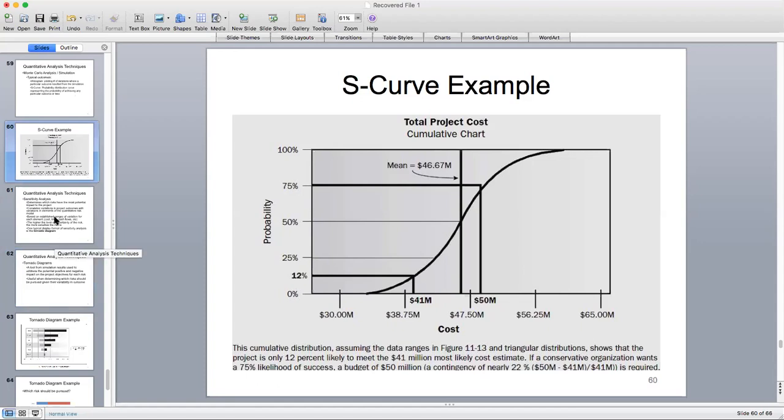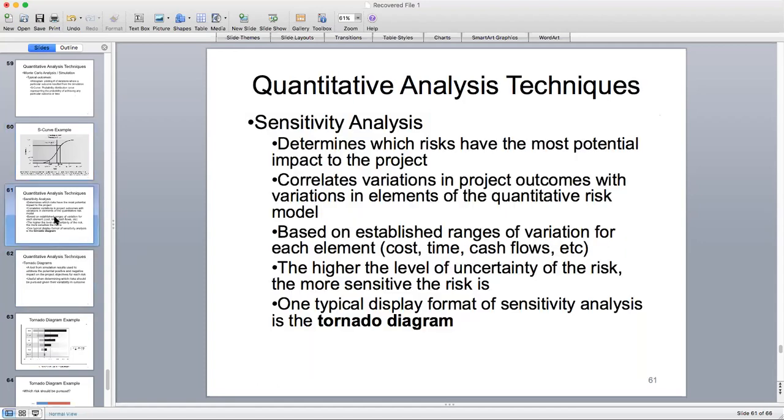The other thing a Monte Carlo simulation allows to do in its outputs is something called a tornado diagram, which project managers call sensitivity analysis. And this breaks down individual risks in terms of how much they impact the overall project. And the best way to describe this is simply looking at the individual risks and determining, using scatter diagrams or regression analysis, as those values change, is the project cost changing with it?